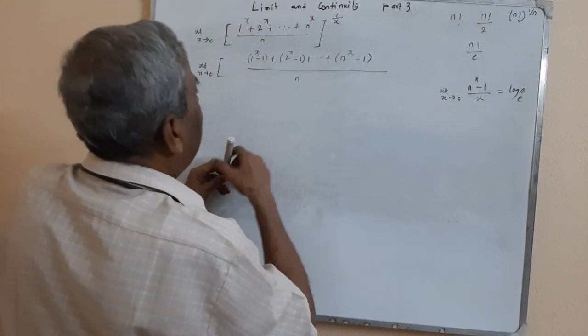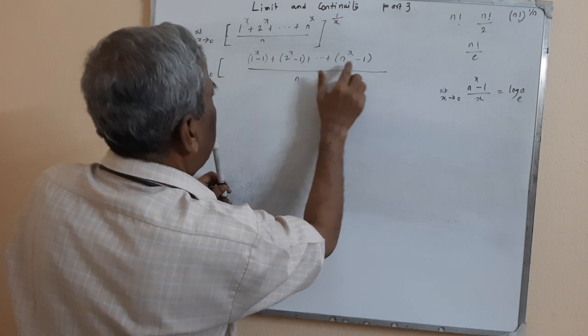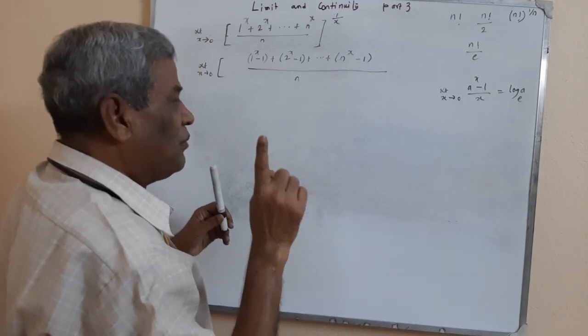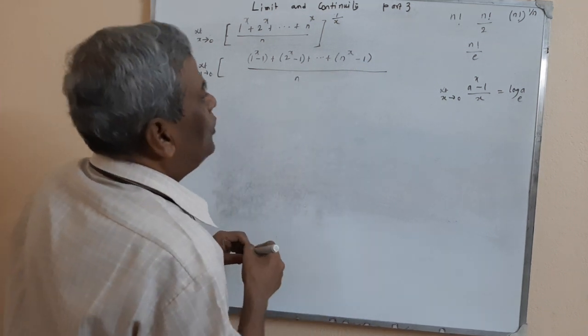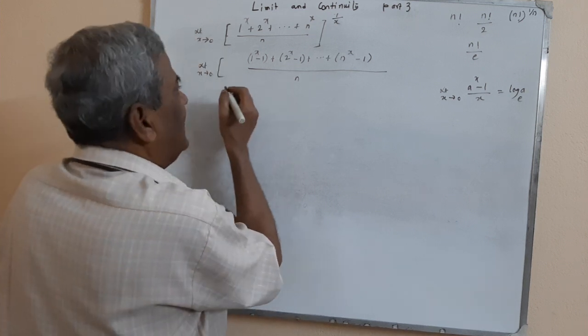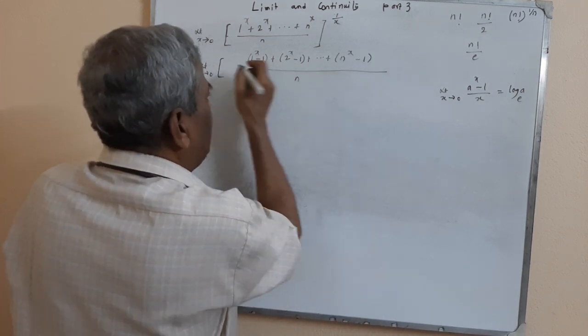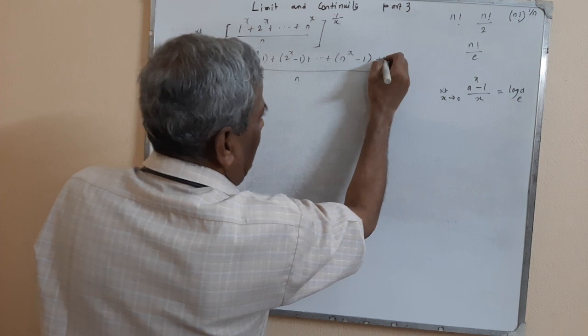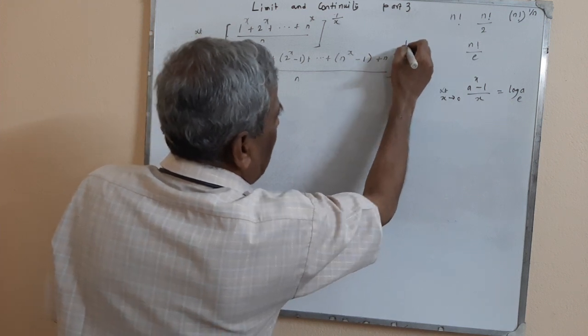Actually, I have taken minus 1 n times, so minus n I have taken there. So we have to adjust it by plus n, whole to the power 1 by x.